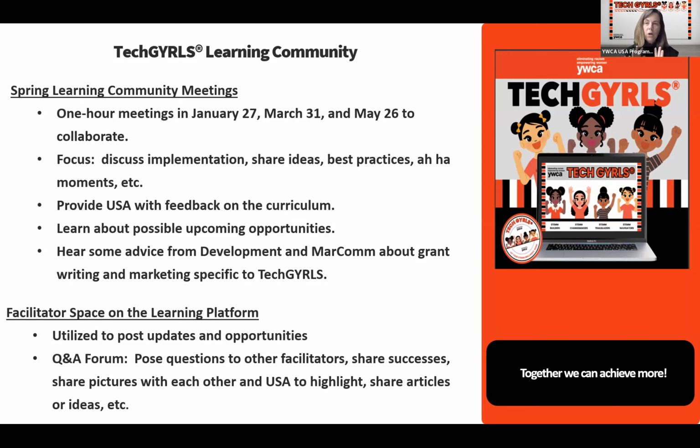More information, opportunities to sign up, and what will be covered at each of those sessions will be coming. What we're really hoping is to lean on each other and lean into the peer learning model. There will also be an opportunity from our development and Marcom team to talk about how to secure additional dollars and how to market this program across your community.